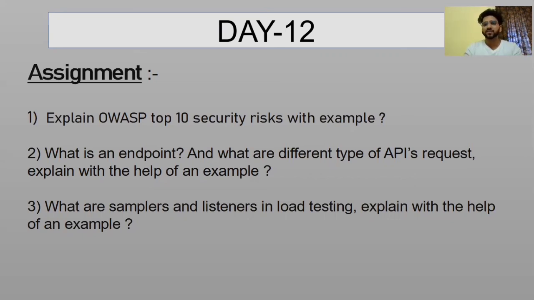Say, for example, you need the result as whether it successfully logged in, or was successfully applied on that particular application. In which format do you need these results? That is what listeners are for. It has a graph format, a text format, or a tree format. So these are the listeners. Basically, the listeners are the result of the sampler.